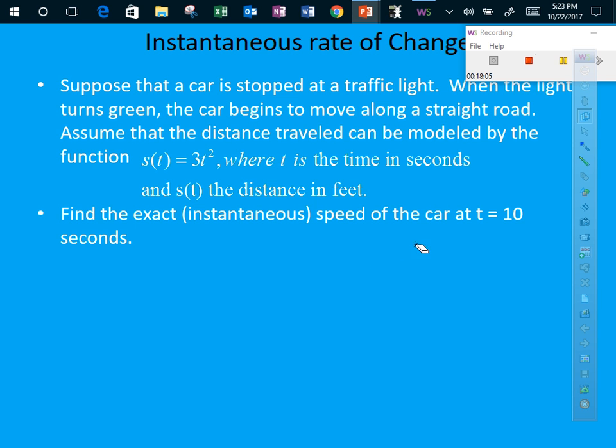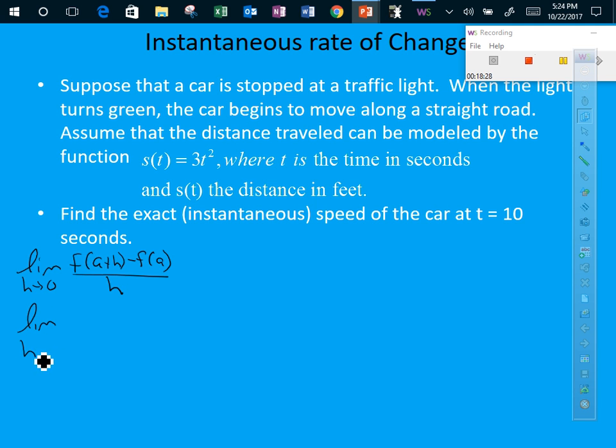So here's what it's going to look like. We're going to start with this formula. The limit as h approaches 0 of f of a plus h minus f of a all over h. Now, we're going to sub in a number for a. So now it's going to look like this.